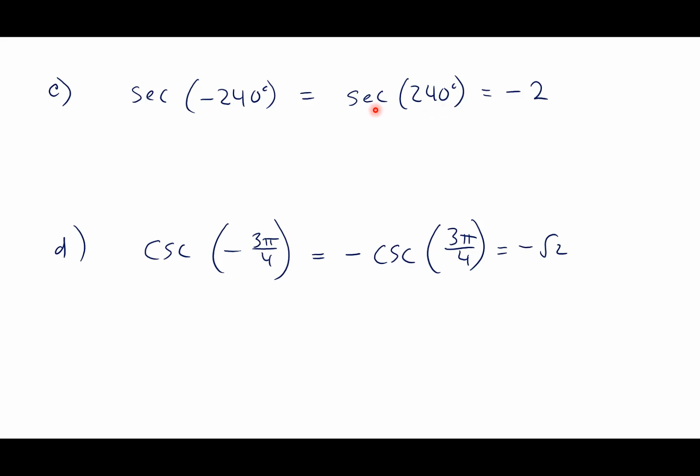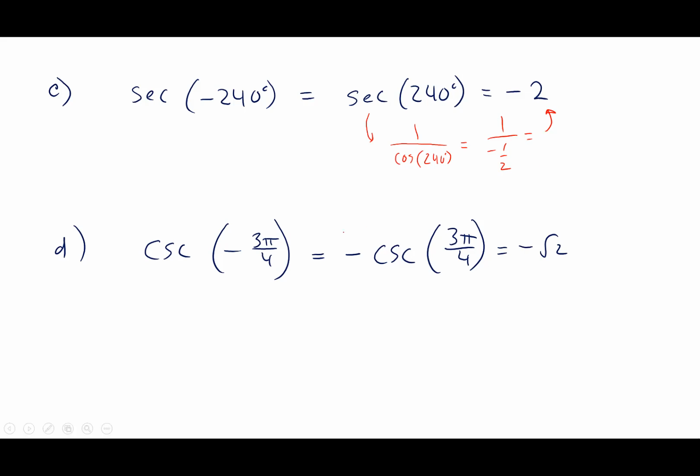I have to think back a little bit here, right? Secant is the reciprocal of cosine, so that's going to be cosine of 240. Cosine of 240 is negative 1/2. Reciprocal of negative 1/2 is negative 2.